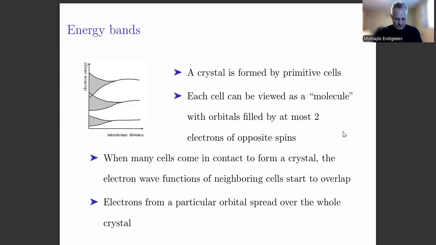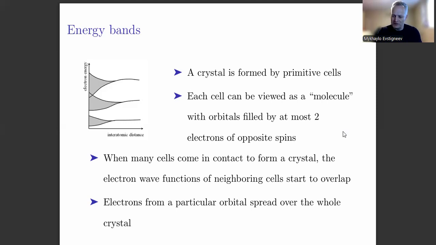Now imagine what happens if you bring those atoms together so that the electron wave functions start to overlap. As two atoms come close together, the wave functions of the electrons that belong to the same orbital start to overlap.